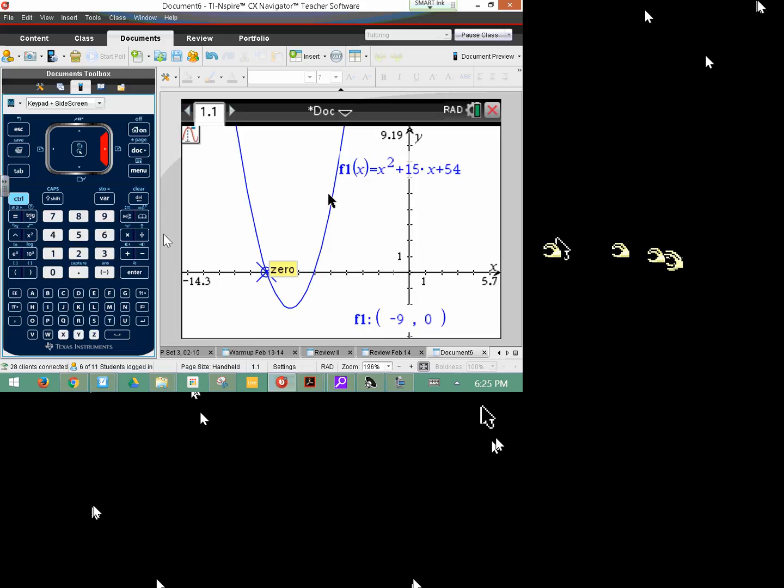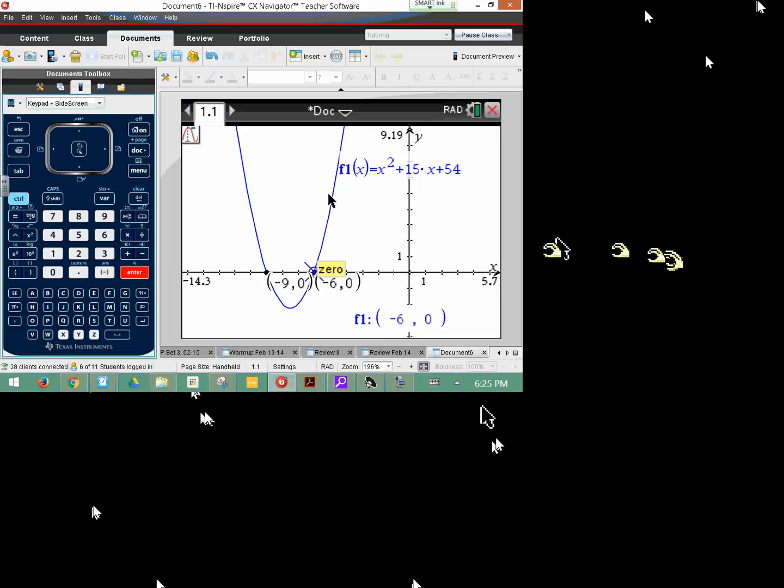In fact, I can mark those by pressing enter. If I press enter, it'll drop a point right there. And then if I trace and go to the other 0, go back down, and press enter, it'll drop the point there so I can see both zeros at the same time. So those are my two zeros for the graph.